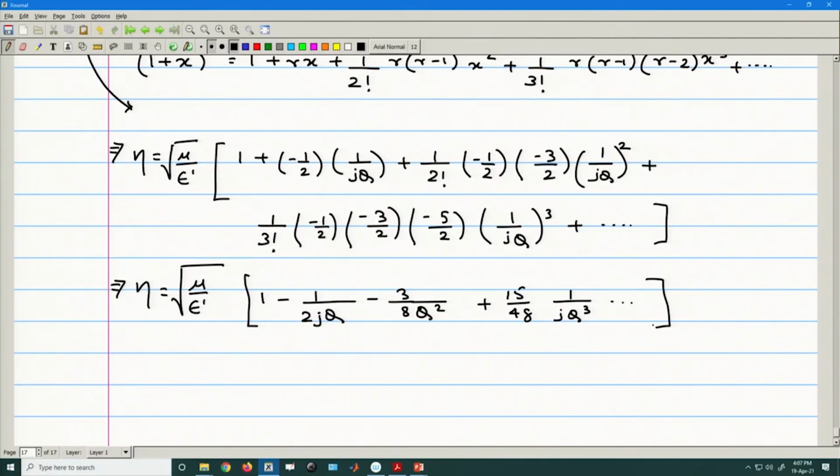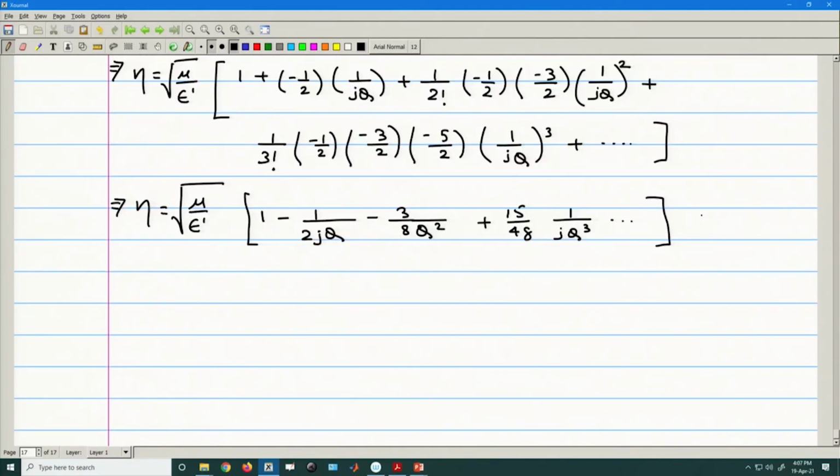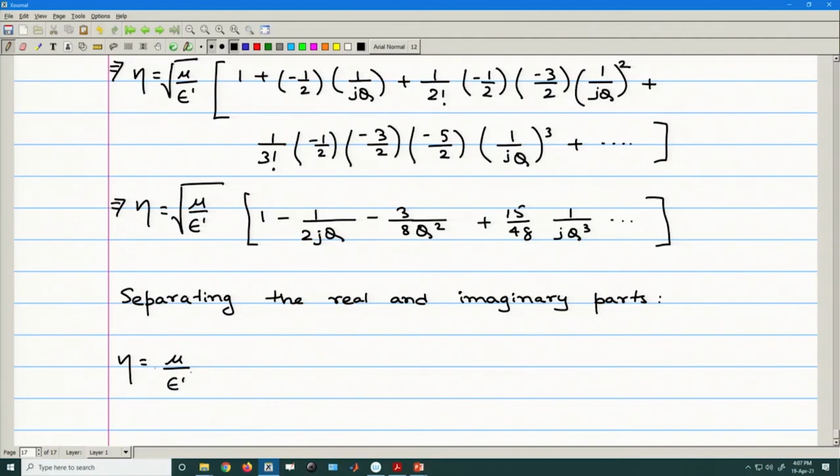Fine. Now again what we will do, we will separate the real and imaginary parts. Okay, so separating the real and imaginary parts, we will get eta as mu by epsilon prime.